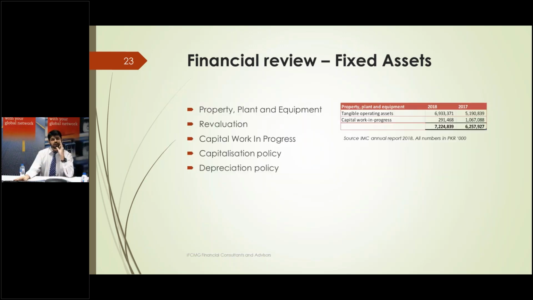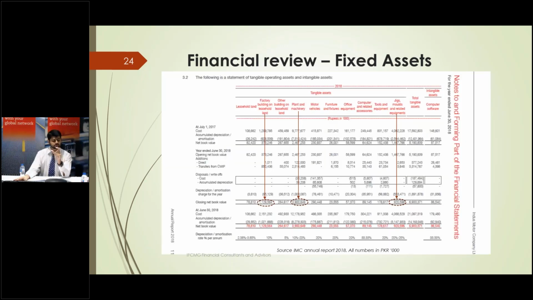If the composition was changed, with leasehold land making up most of the cost and plant and machinery the least, the depreciation charge would be very low. However, in the current scenario, the depreciation expense is dominated by plant and machinery and other tools and related equipment.